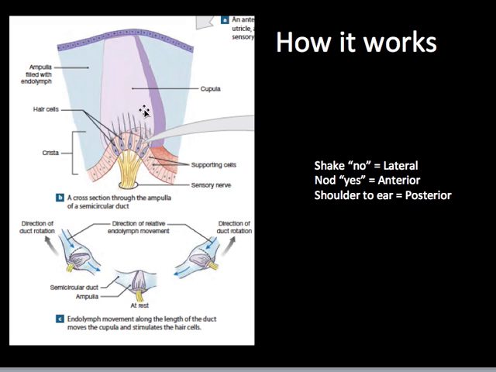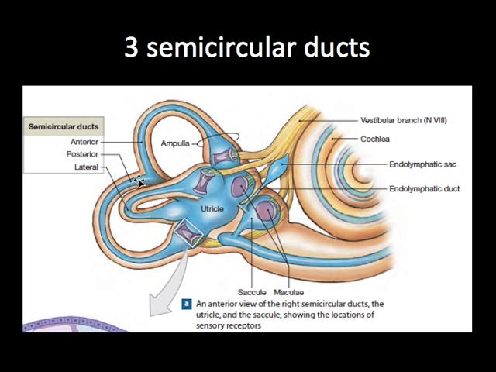So what happens is, let's say you turn your head, the endolymph on the inside, this blue stuff, is going to flow alongside the direction of the movement that your head made. Let's imagine that the fluid is moving in this direction.